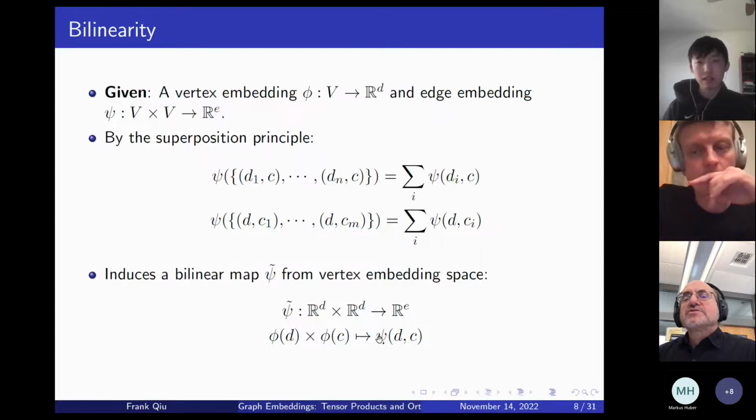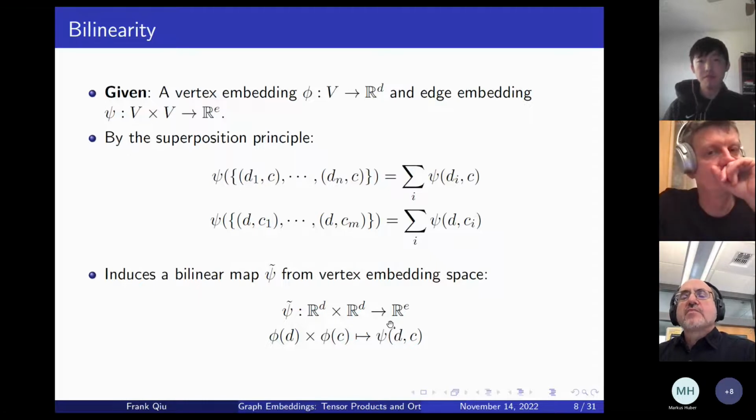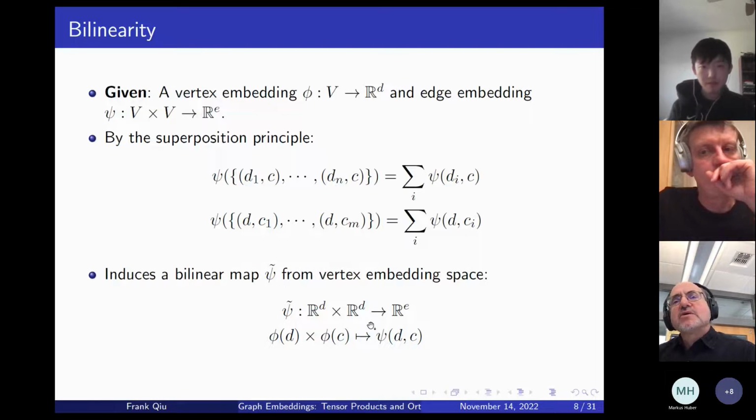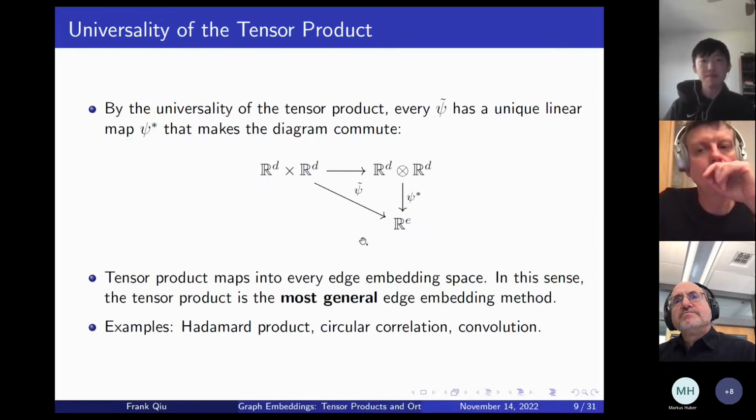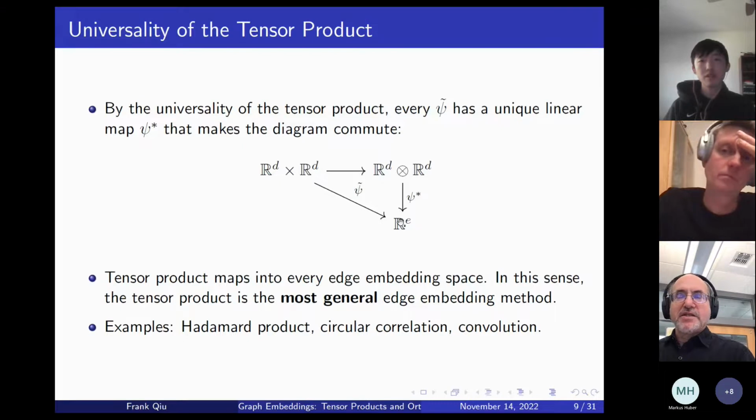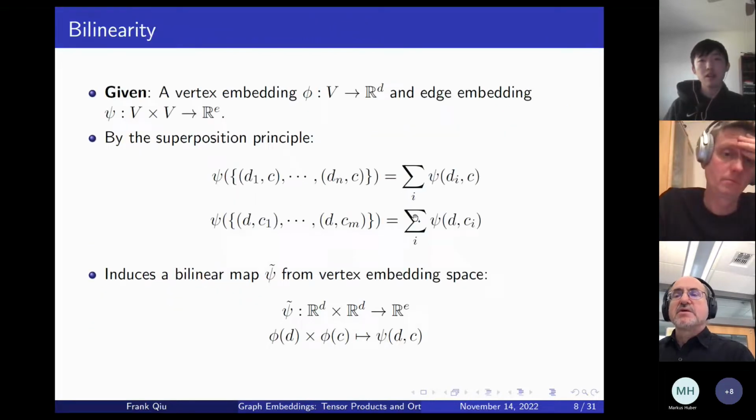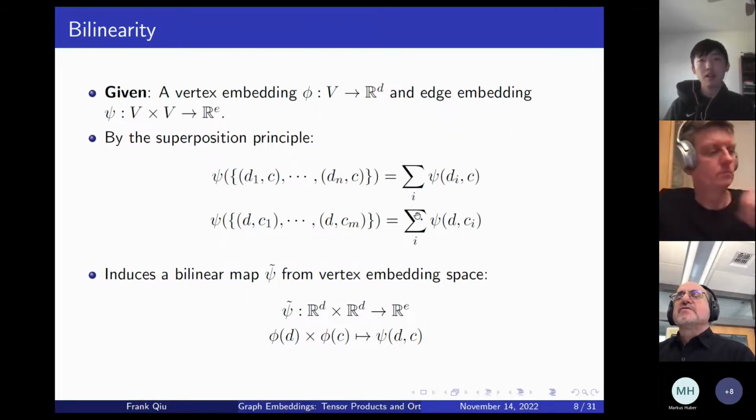I understand that. I understand that one can define a bilinear map. But I heard something stronger, that something has to be bilinear, rather than something can be bilinear, and I didn't understand what the something was and under what conditions it follows that it has to be bilinear.